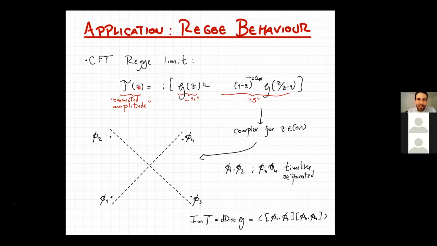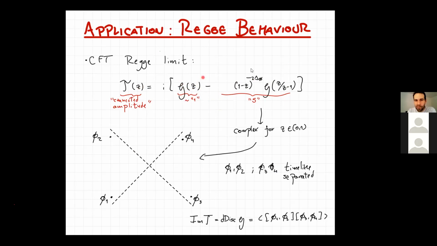Let me call it T(z), and I'm going to define this as G(z), the Euclidean correlator, minus the transform of the correlator. If you take z between 0 and 1, this guy will be real, but this guy will be complex. So this is like the scattering part, and this is like the one that you subtract. This is the free part.